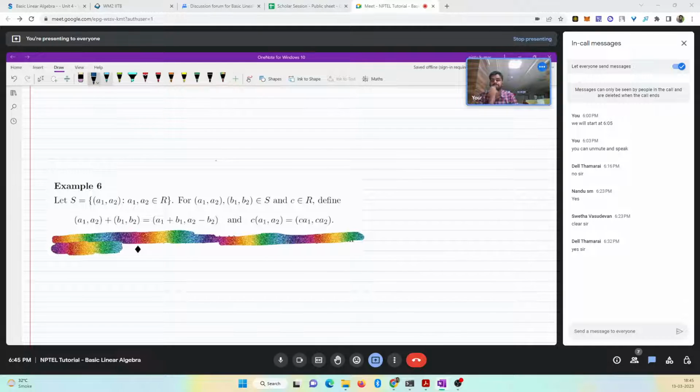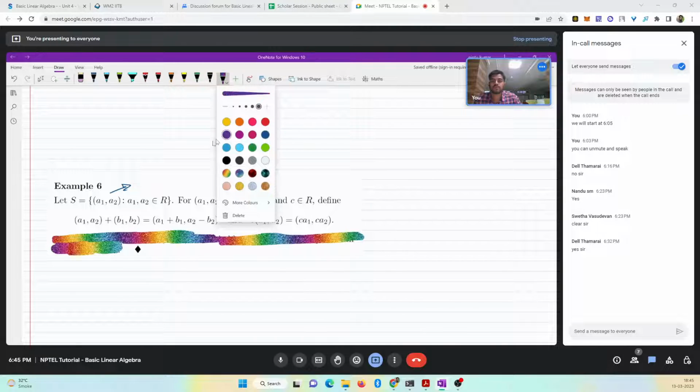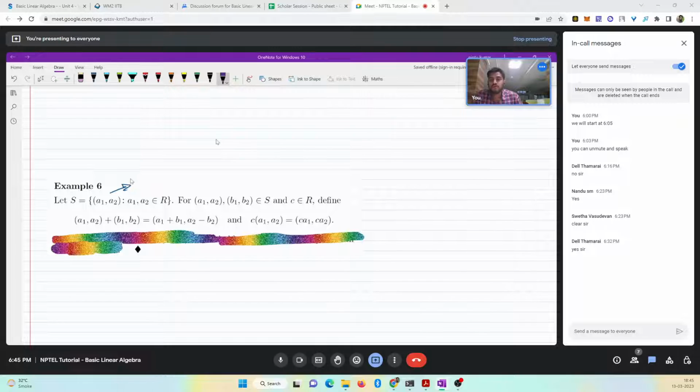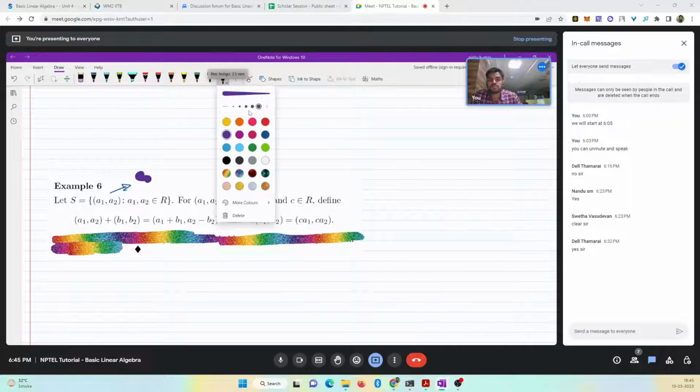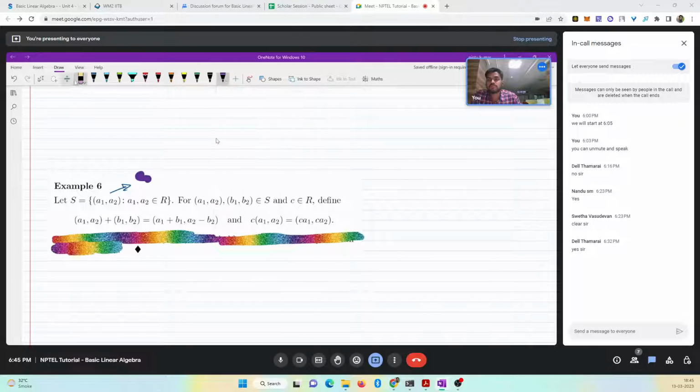Let's see. Again, if you look at this example, we have S to be R2.